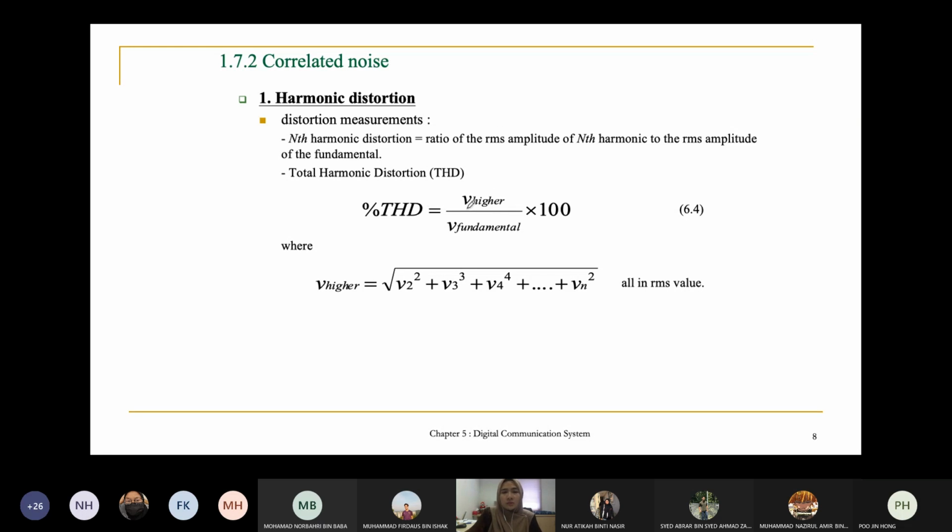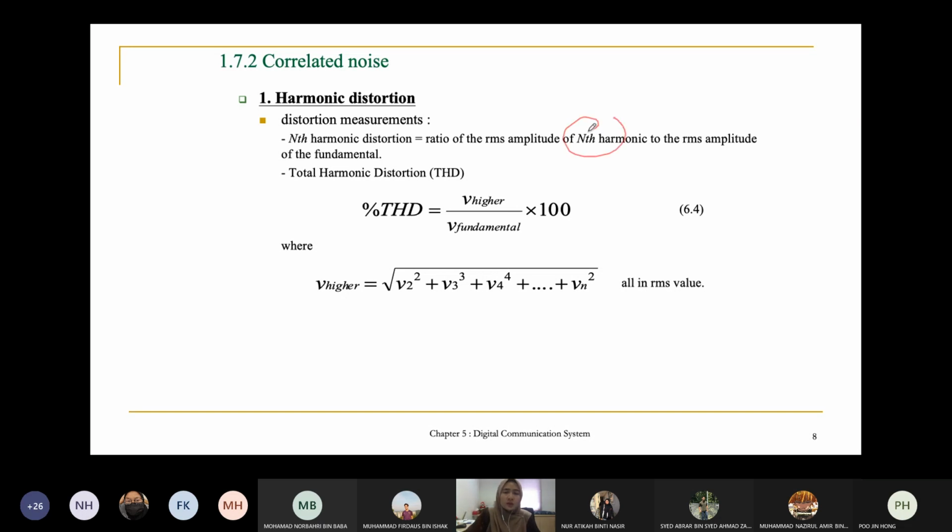V higher divided by V fundamental multiplied by 100%, where V higher is V4 squared plus until Vn squared, depending on your output signal. If your output signal has up until the 9th harmonic, then your N should be equal to 9.